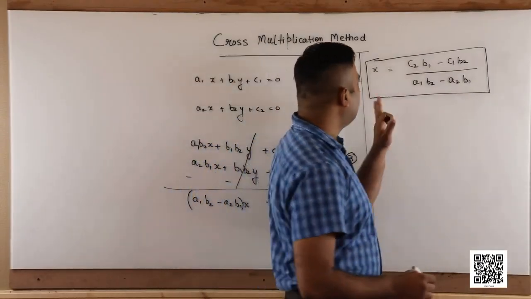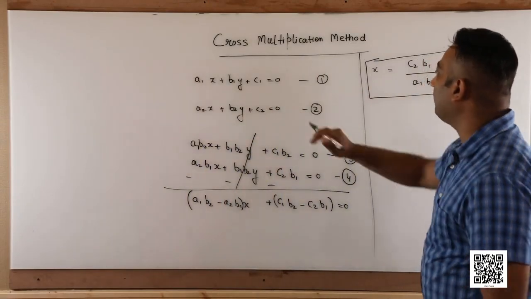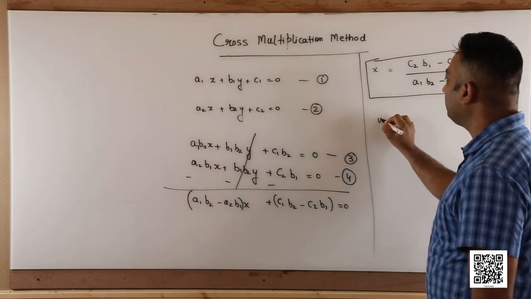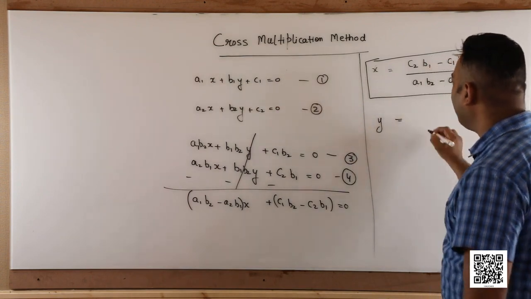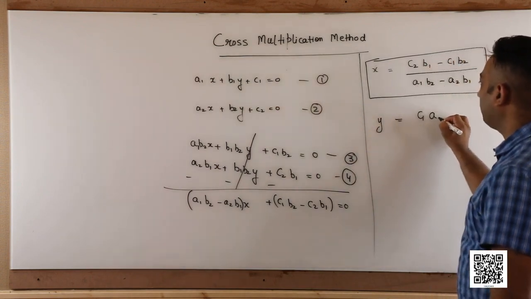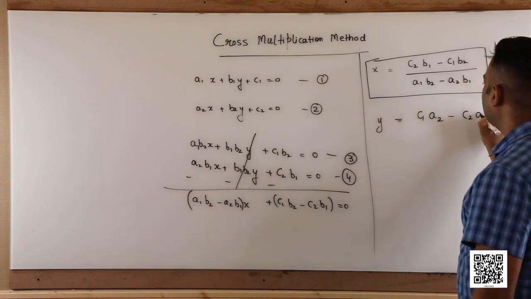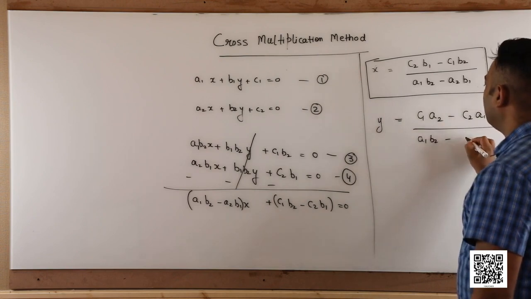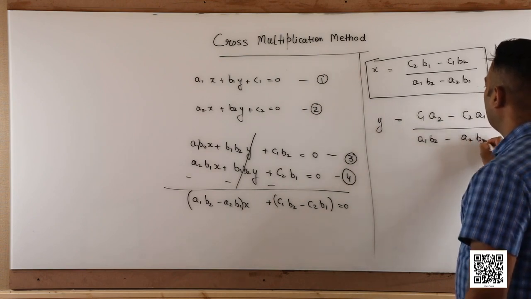Now let us put the value of x in equation number 1, that is, we will substitute the value of x in equation number 1 to obtain y. In this case y is equal to c1 a2 minus c2 a1 upon a1 b2 minus a2 b1.